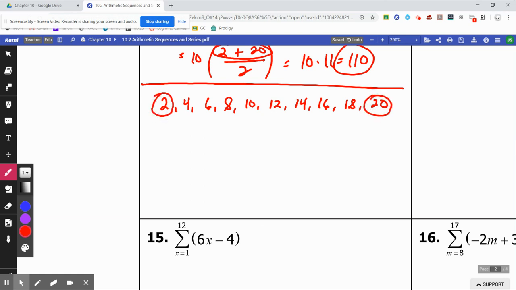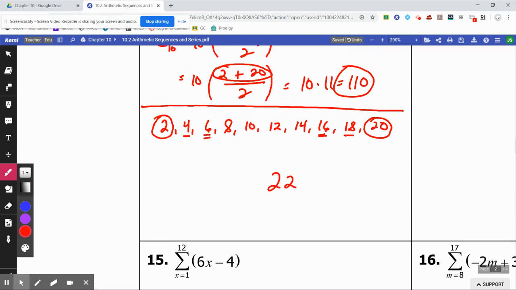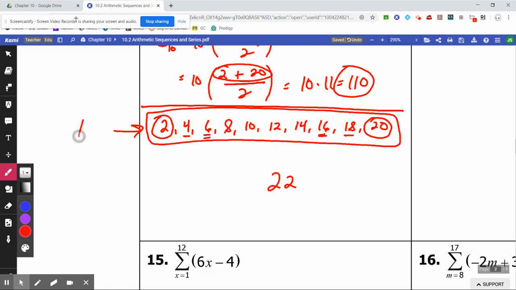If you group those two terms together, you get 22. If you group these two together, you get 22. Group these two together, you get 22. Well, now here's the hard part. How many groups would you have? How many numbers do you have? There are 10 terms there. So therefore, if I group them into groups of 2, there will be 5 groups.